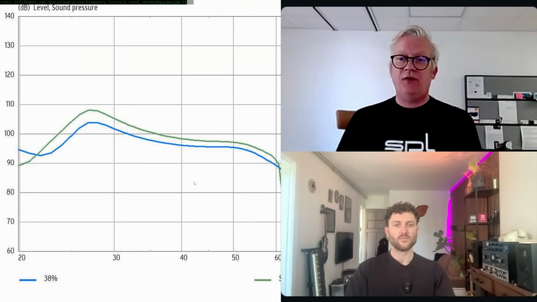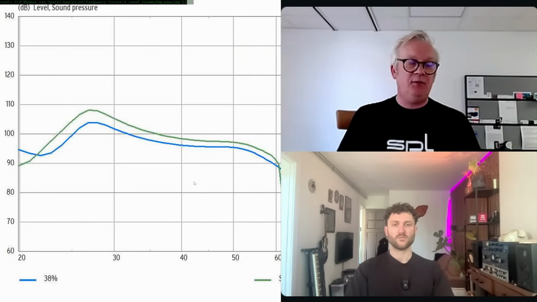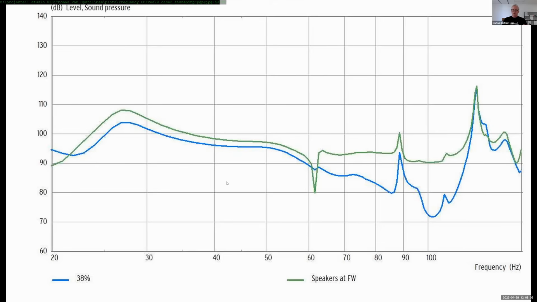Again, we can use the simulation for it. So in this example, my dear colleague Jan pushed the speakers and the listening position as well, keeping the 60-degree triangle to the front wall.